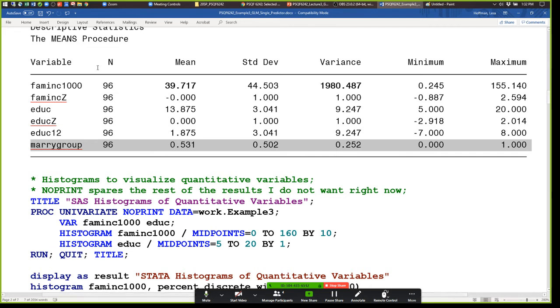So what does a mean of 0.53 mean in this context? It's about half and half in each group. About half and half. This is a proportion. So the proportion of answers that are 1, meaning they're married, is 0.531. 1 minus that proportion gives you the proportion of people who are unmarried. So it is about half and half.